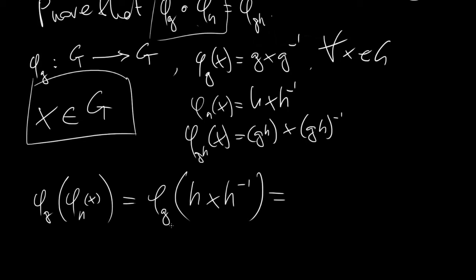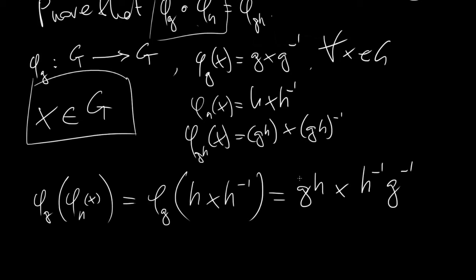This function is going to operate a g on the left and a g inverse on the right. So this is going to be ghxh⁻¹g⁻¹.